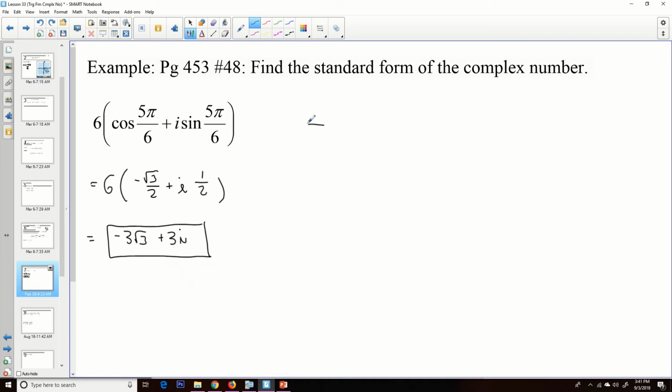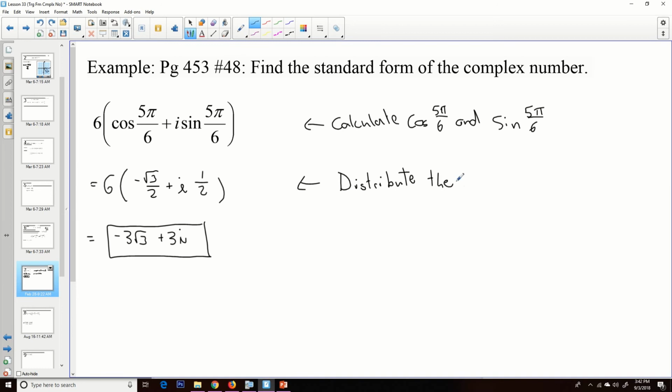That's just me calculating the cosine of 5 pi over 6 and the sine of 5 pi over 6, and then here I am just distributing the 6.